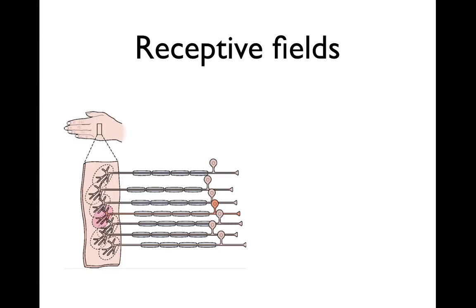Right, all sensory nerves have a receptive field, and we talk about receptive fields quite a lot when we're talking about hyperalgesia and allodynia and pain hypersensitivities. So the receptive field of one neuron is very small, between 2 and 10 millimeters in diameter, and this diagram here shows several sensory nerves, and the one highlighted in red is just showing you the receptive field of that one.